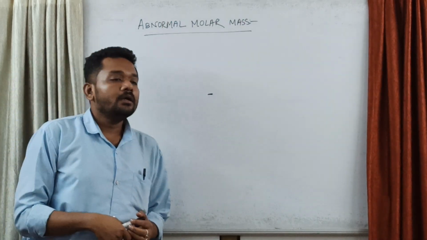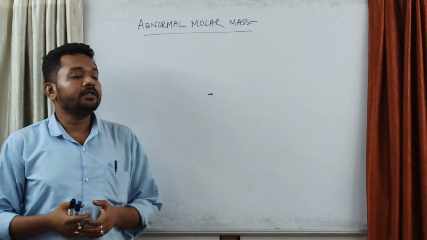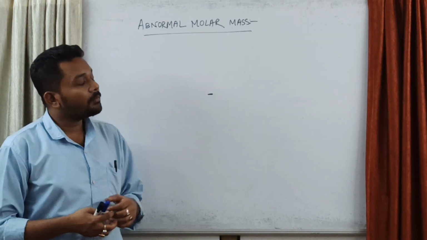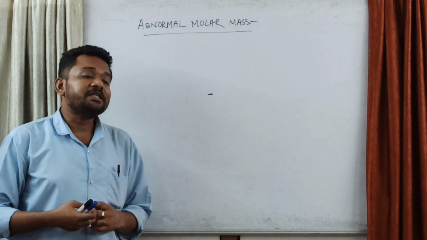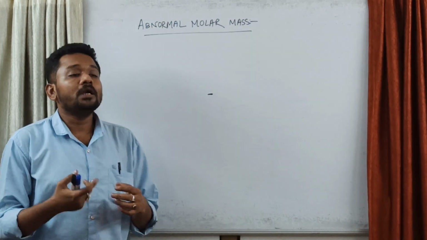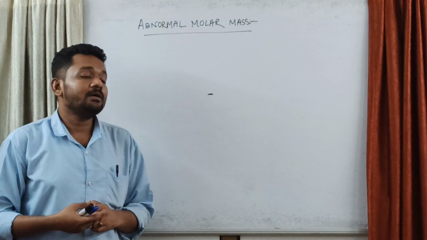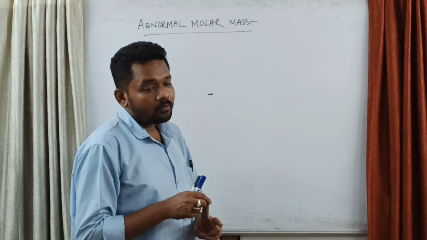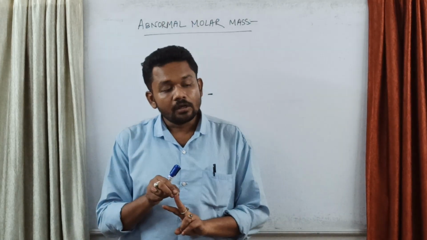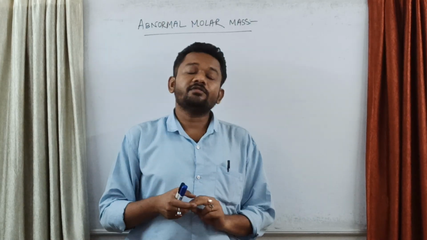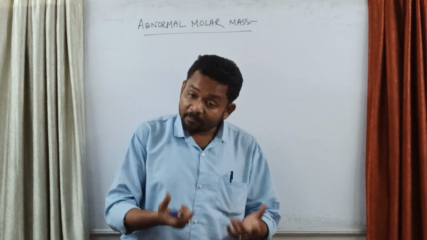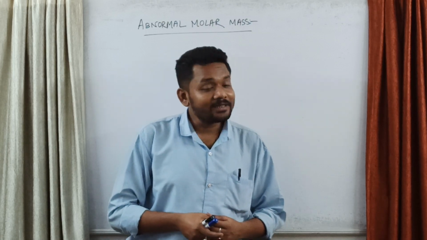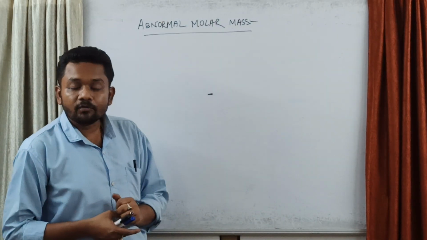It is found that during the course of association or dissociation, the molar mass that you are expecting does not match with the molar mass you are calculating. There are two phenomena happening: one is association, another is dissociation. Because of association or dissociation, the expected molar mass and the calculated molar mass are different. Why these values are different, we will be discussing in this concept, abnormal molar mass.